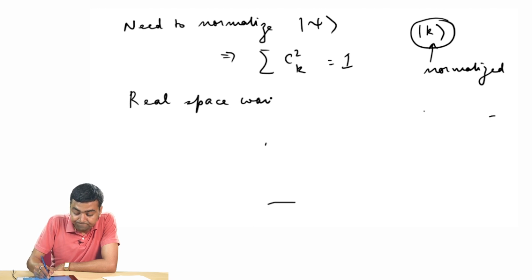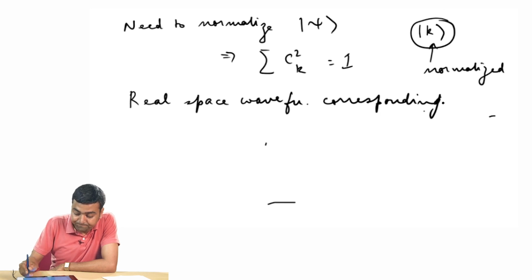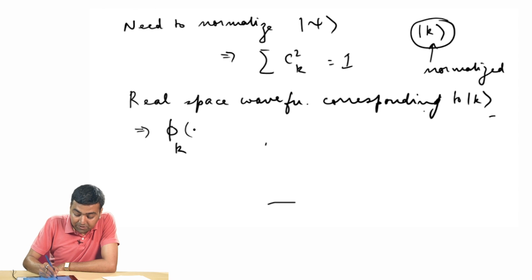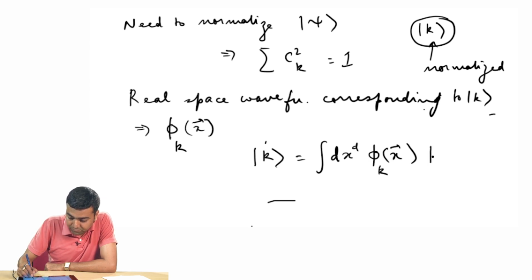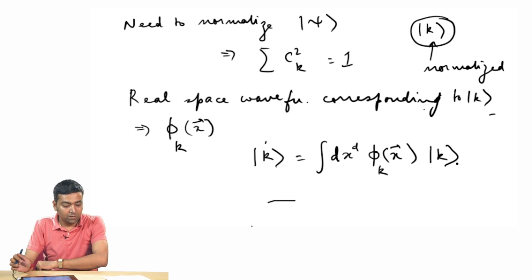If we denote this as phi_k(x), then as before we can write |k> as the integration dx of phi_k(x) |x>.